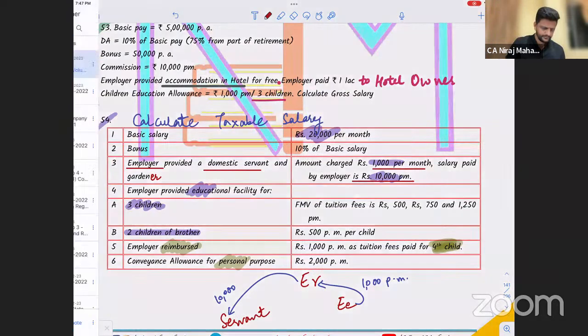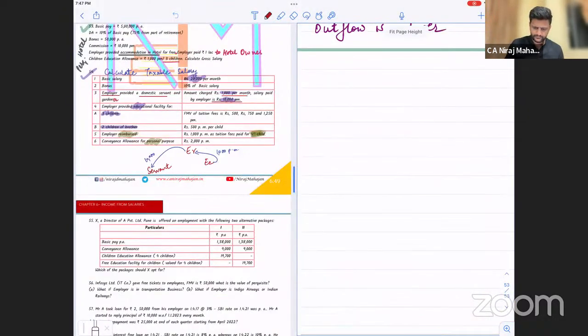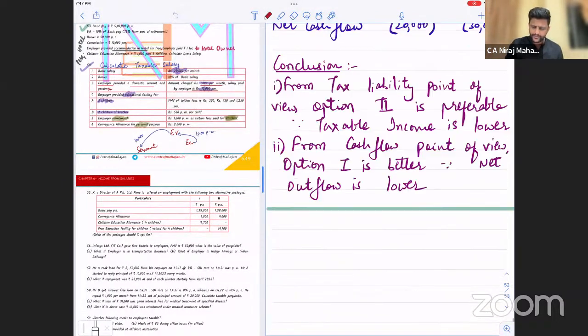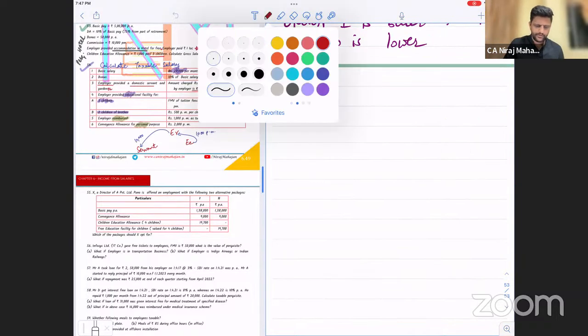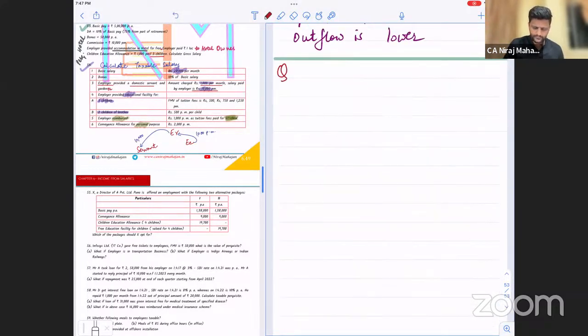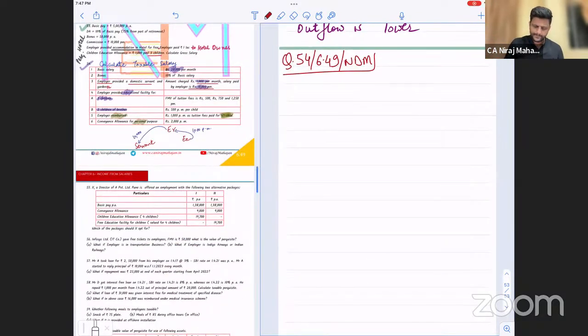54. This is the first question we are writing. Ready, everybody? So particulars, rupees, computation of.